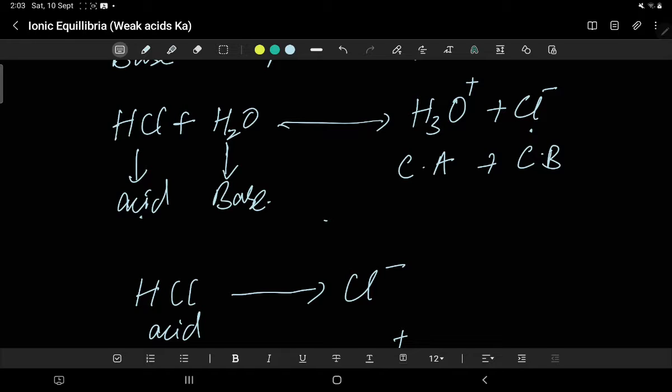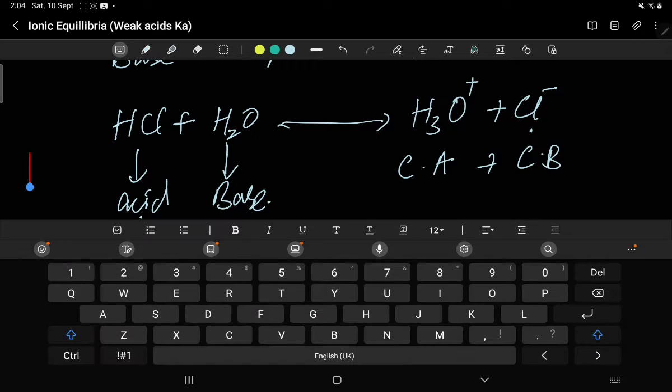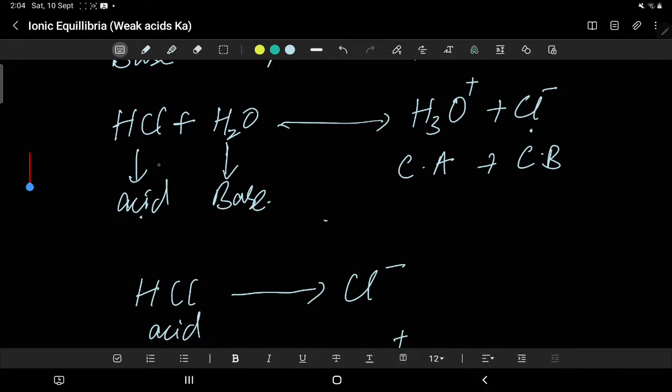For example, chloride ion is left after HCl has donated a proton and is itself capable of accepting a proton. Chloride ion is called the conjugate base of HCl. So we can say that hydronium ion is the conjugate acid of water, while chloride ion is the conjugate base of HCl.